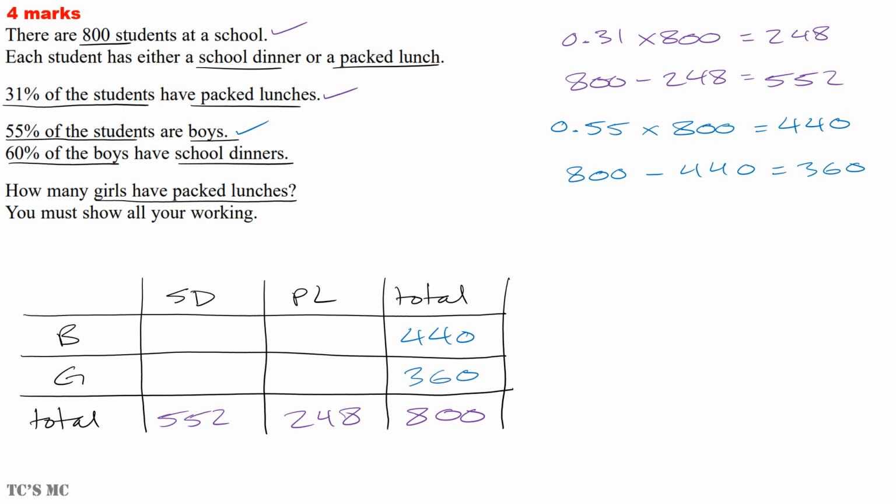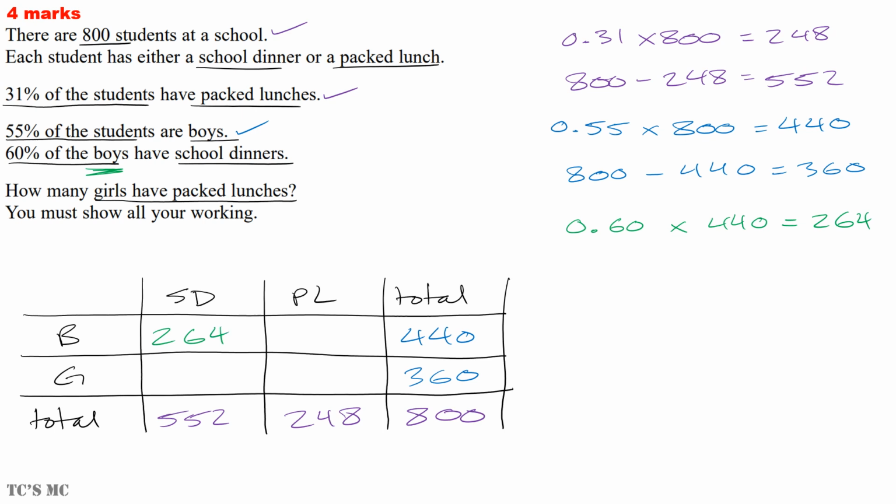Now we have 2 marks. The question then goes on to say 60% of the boys have school dinners, so we need to do 60%, 0.60, multiplied by 440, because it said 60% of the boys. That gets us 264.